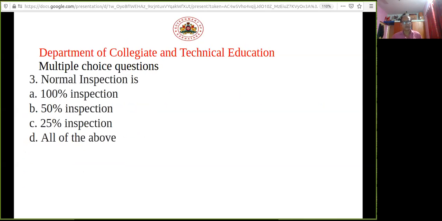Then the third multiple choice question: normal inspection is. We studied in the previous session the difference between normal inspection and SQC. The first point was that normal inspection was 100% inspection. The options given are: A, 100% inspection; B, 50% inspection; C, 25% inspection; D, all of the above. There is no question of 50% inspection, 25% inspection, or all of the above.